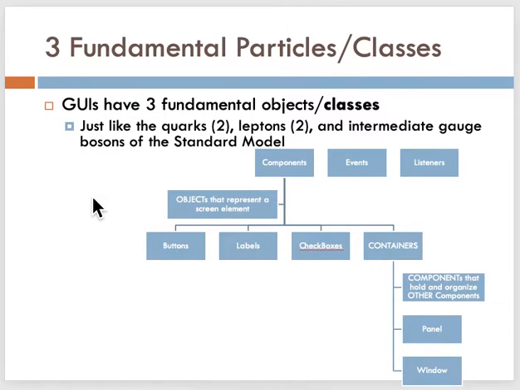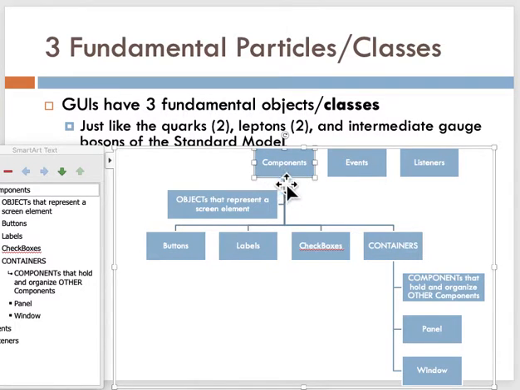Those other classes are then called parent classes or superclasses. So, in the same way, this component class is subclassed into a bunch of other classes, things like buttons, labels, checkboxes, and another set of classes called containers. And containers, as we'll see, are simply components.